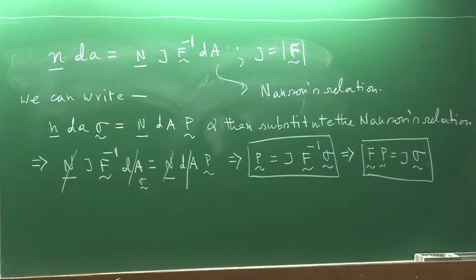You understand how we relate this first Piola-Kirchhoff stress tensor to the Cauchy stress tensor. Once we relate the first Piola-Kirchhoff with the Cauchy, we have also essentially related it to the second Piola-Kirchhoff stress tensor.